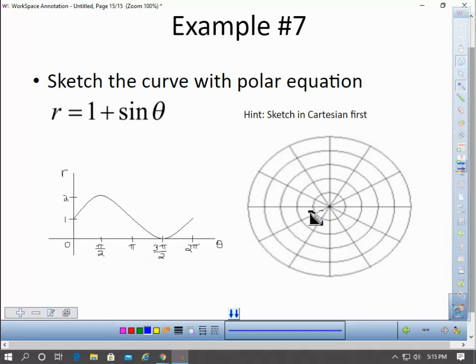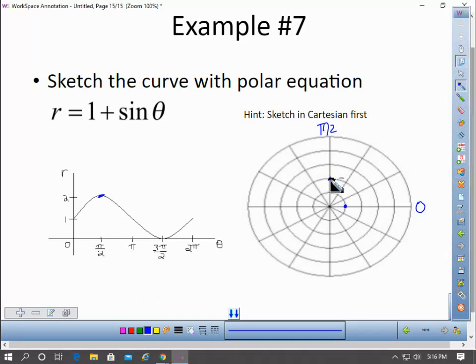So what I want to do is come over here and graph it on the polar grid now to make it a little easier. So for 0, I'm going to graph 1 unit. So at 0 radians, I'm going to come out 1 unit and be on the first ring. At pi over 2, I'm going to come out to 2. So at pi over 2 right here, I'm going to come out to the second ring. I missed.